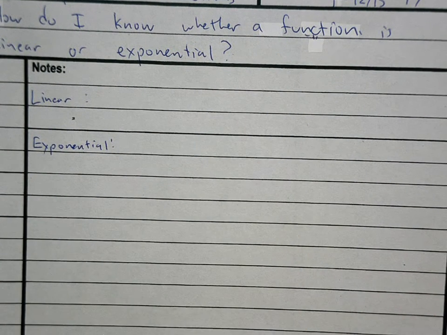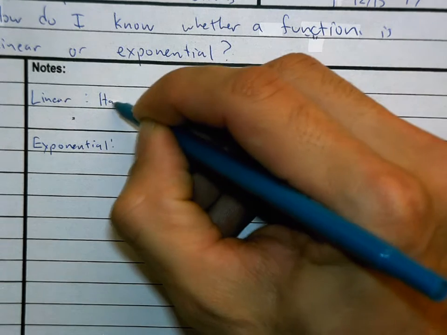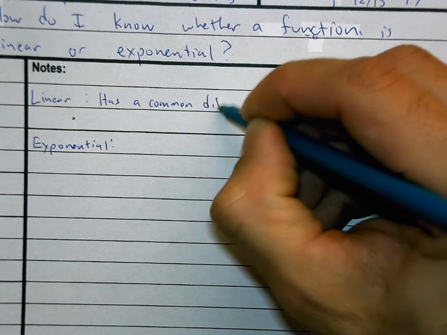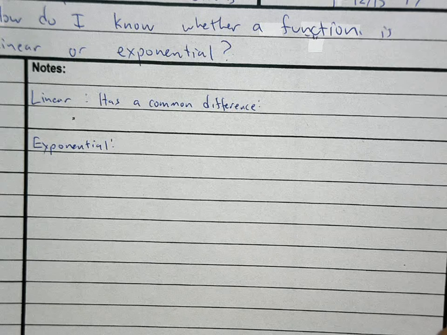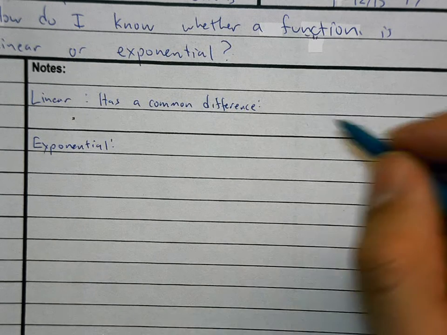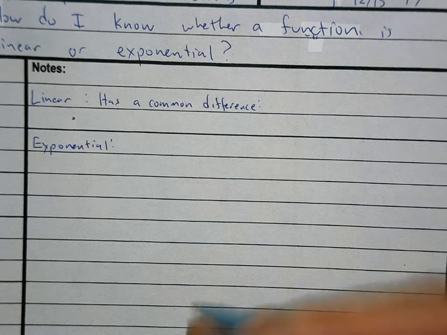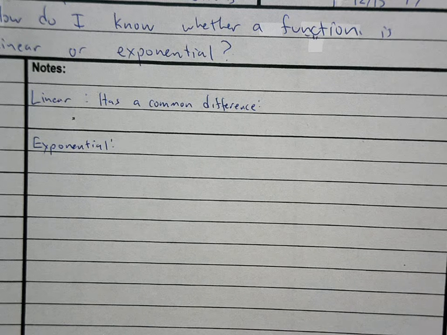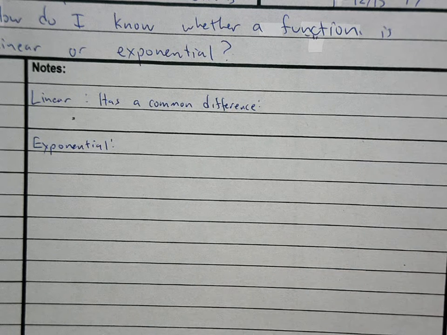If something is linear, it has a common difference. For example, it's going to go up or down by the same amount every single time. Meaning we're going to add or subtract the same number every time in a sequence of numbers.